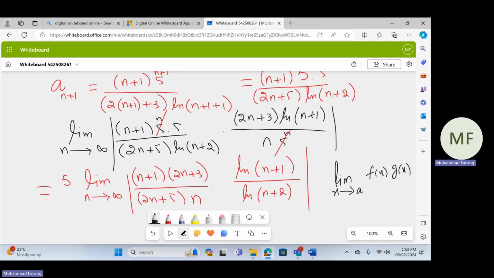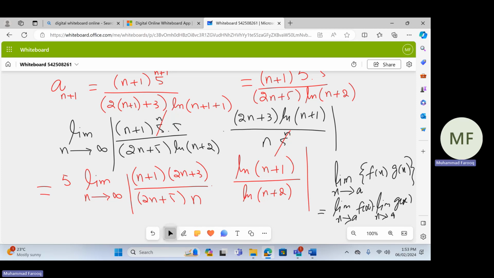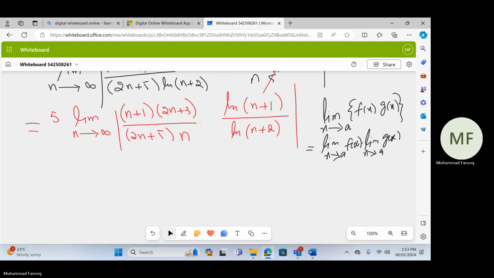For example, two different functions are multiplying and we have a limit on that. So you can write it like that: limit as x approaches that point of f of x, multiplied by limit as x approaches that point of g of x. So you can apply limits separately to each of them without any problem. It's a property of the limit. Same thing we can do here.